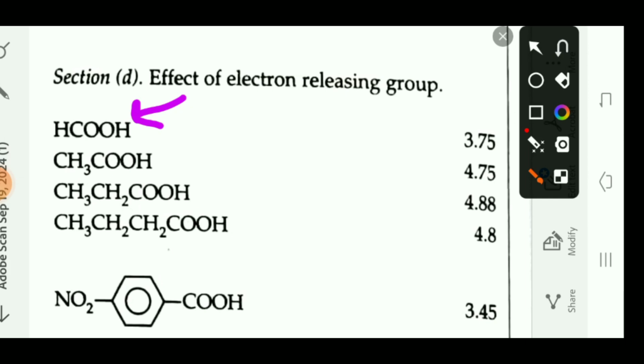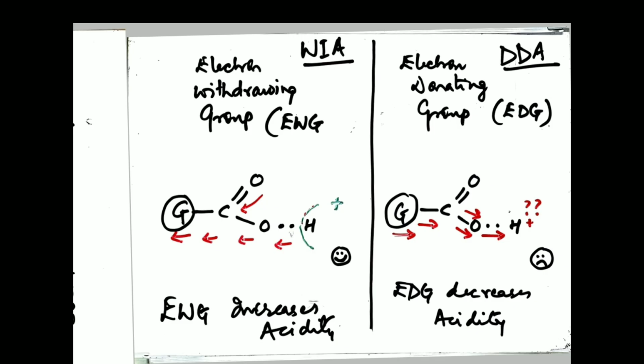And in propanoic acid, which has 2 carbons as electron donating, the electron releasing effect would increase, and so would its pKa value, and its Ka value or the acidity would decrease. So this was all about inductive effect, plus I and minus I effect.